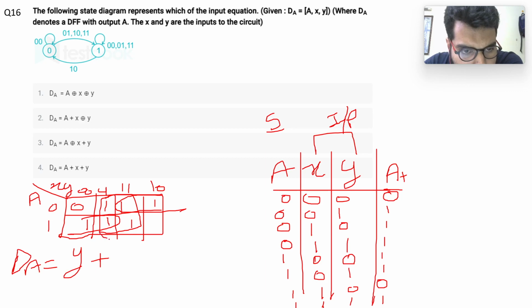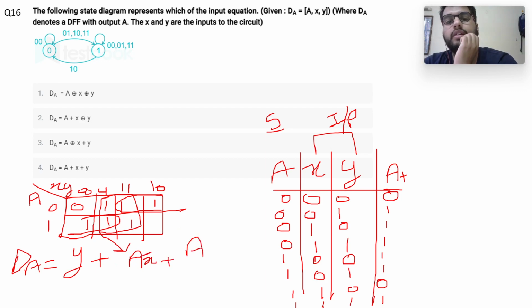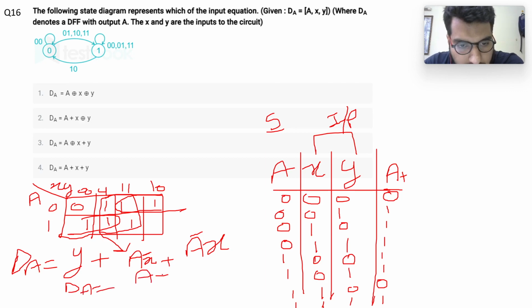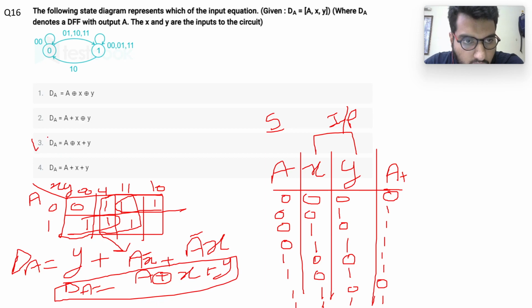Then the pair terms, so this is A and this is x complement, plus this is A complement, then x. So we have dA is equal to A XOR with x plus y. So dA is equal to A XOR with x plus y. So option 3 is the correct answer.